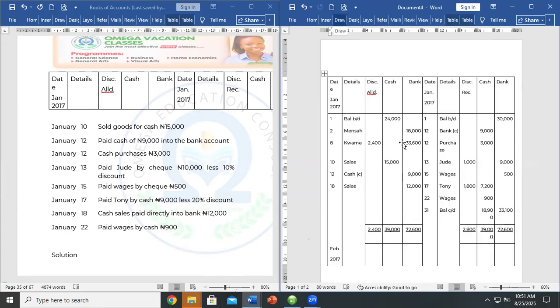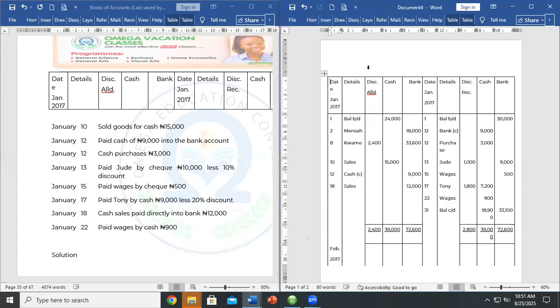So you have the date, details, and please look at where we are putting the discount allowed. The discount allowed should be at the debit side before the cash and bank column. Then you have date, details, and the discount received is on the credit side. Why do we put the discount allowed at the debit side?